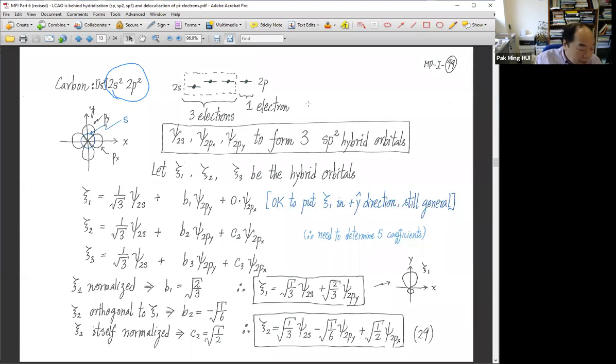Nonetheless, in a simple picture, you may think that if I pay some energy first, that's not much, to promote some electron to the 2p level, then at the end, the 4 electrons may be of this kind of arrangement.